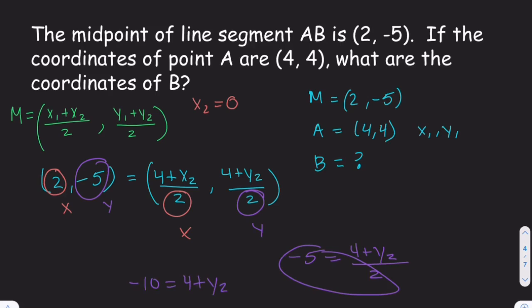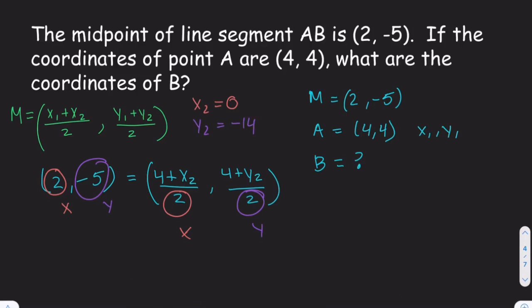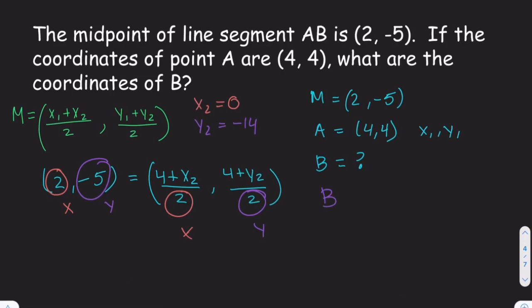Now to get y2, you would subtract 4 and you would get y2 equals negative 14. So once we put both those numbers together to create point B, it would be (0, -14). And there's your coordinate of B.